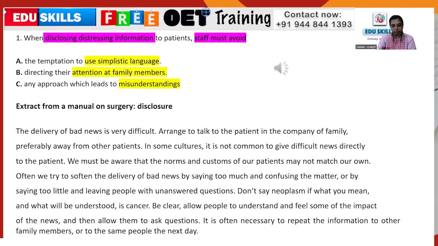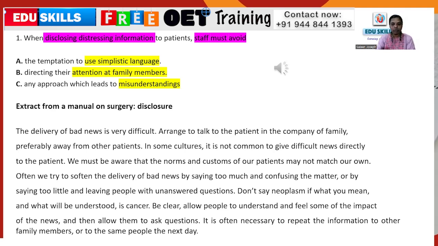Often we try to soften the delivery of bad news by saying too much and confusing the matter, or by saying too little and leaving people with unanswered questions. Don't say neoplasm if what you mean, and what will be understood, is cancer. Be clear, allow people to understand and feel some of the impact of the news, and then allow them to ask questions. It is often necessary to repeat the information to other family members or to the same people the next day.